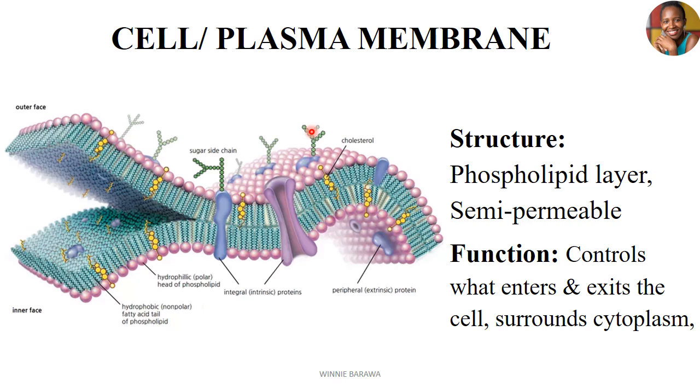For now, let's just look at the structure: the cell membrane is bilayered, having two phospholipid layers bound together to give us the double membrane, which is semi-permeable and selectively allows entry and exit of materials in and out of the cell, and at the same time is able to surround the cytoplasm.